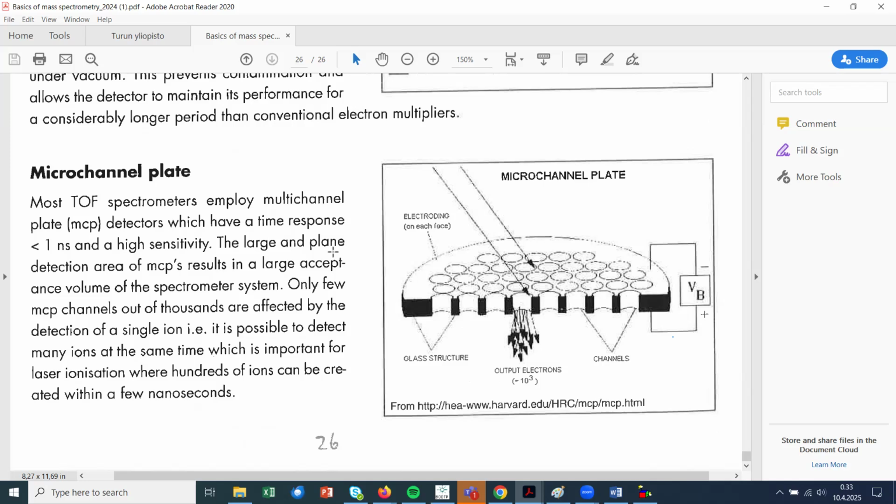They have a large area in this kind of planar structure, and they are perfect for the large acceptance volume needed for these types of mass specs. So it's possible to detect many ions at the same time, and this is very important for this kind of analysis used in time of flight.